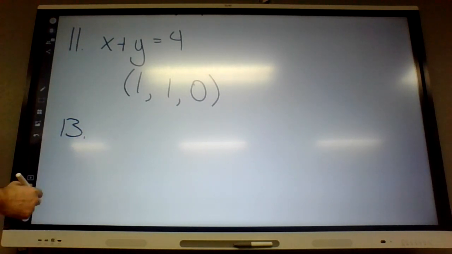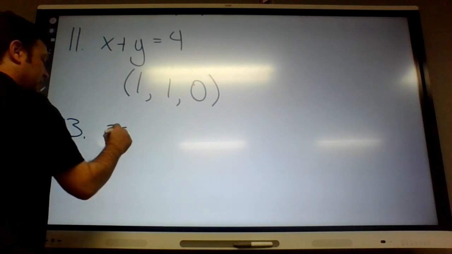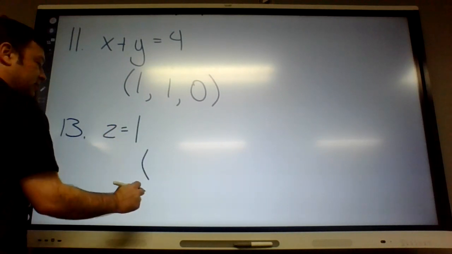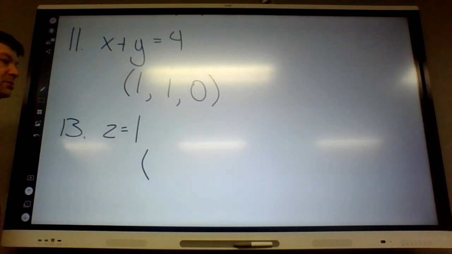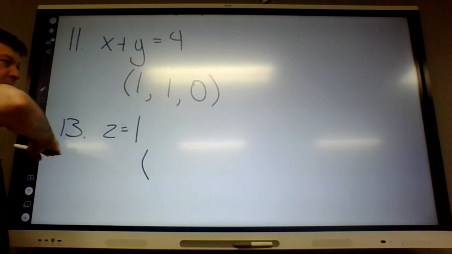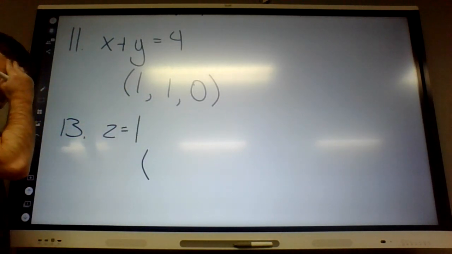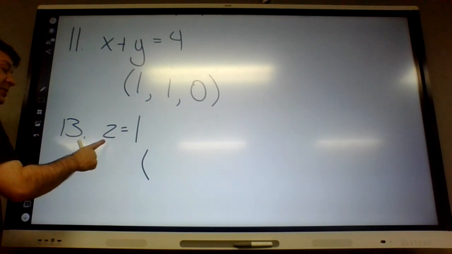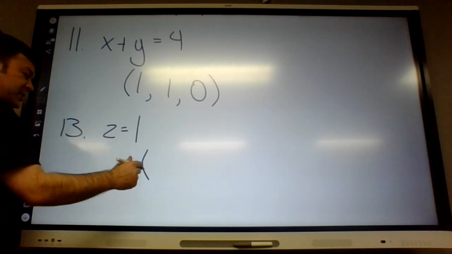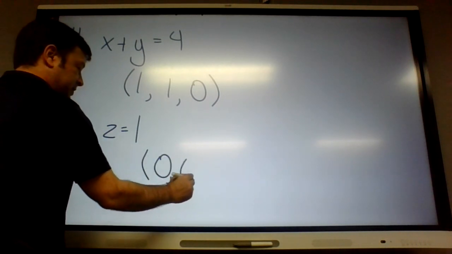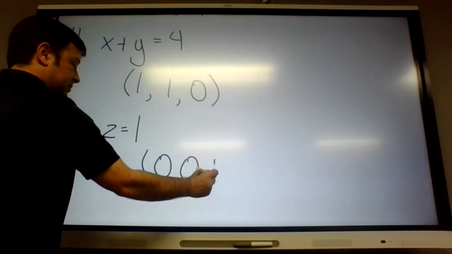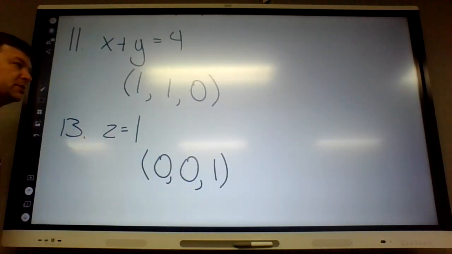Z equals 1. Kind of the same thing, but much smaller. Z equals 1 is just like a horizontal plane at 1. So what would its vector be? What's the x coefficient? 0. The y coefficient? 0. The z coefficient? 1. So 0, 0, 1.